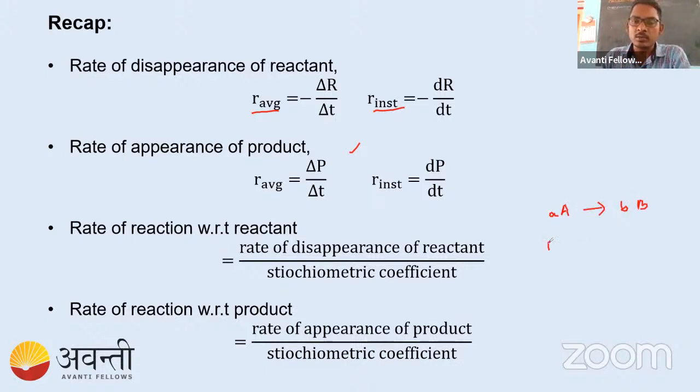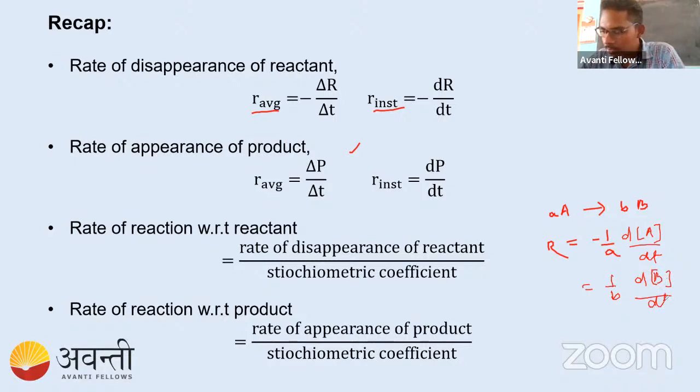Rate of this reaction is equal to minus 1 by a, change of A with time, equal to 1 by b, change of B with respect to time. So these are the things we have already seen: rate of the reaction with respect to reactant and with respect to product.